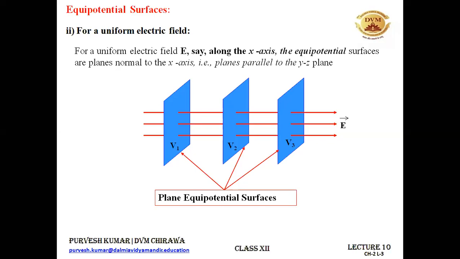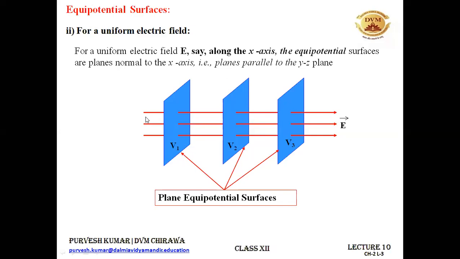And on every point of the equipotential surface, the value of the potential is constant. It is the same. That's why the name is equipotential. Equi means equal and potential is potential. Okay. So on every point on this plane, the value of the potential is V1 only. On every point on this plane, the value of potential is V2. On every point on this plane, the value of potential is V3. All right. This is how the equipotential surfaces work.